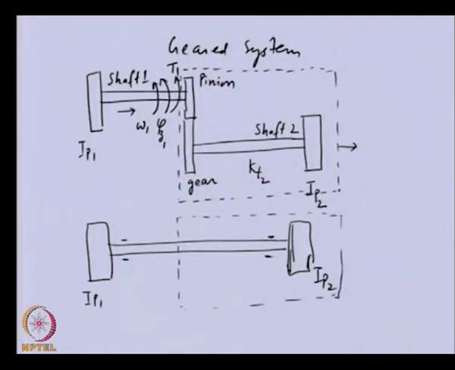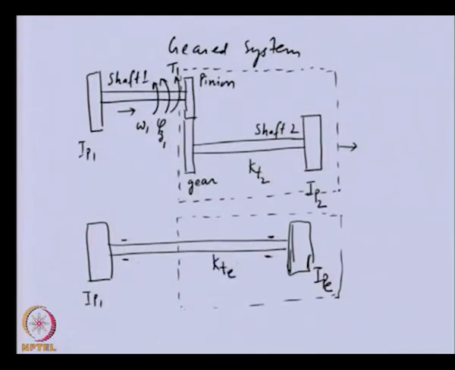This polar moment of inertia will not be the same as the previous one, because now we are talking about an equivalent system. Let us say this is IP equivalent, and the shaft which had stiffness KT2, we mention as KTE.